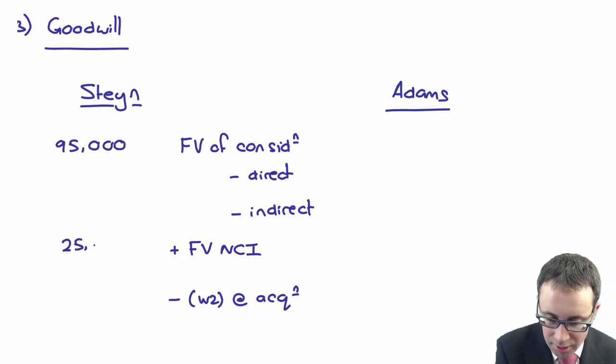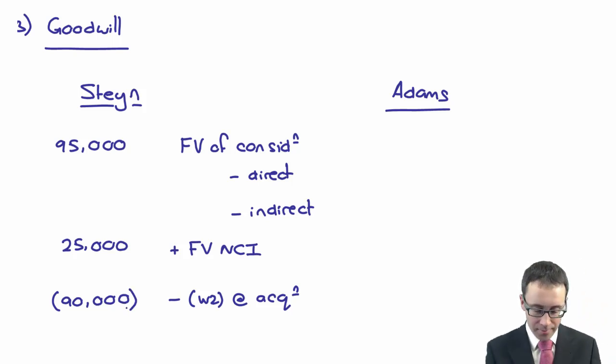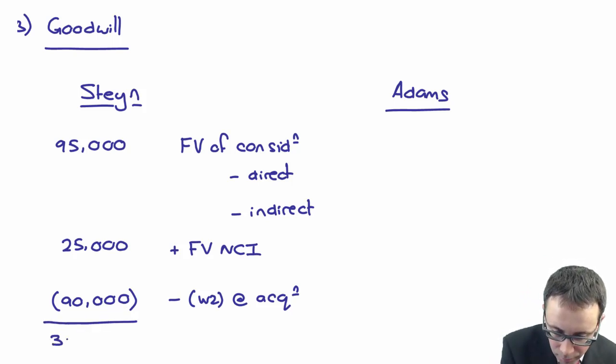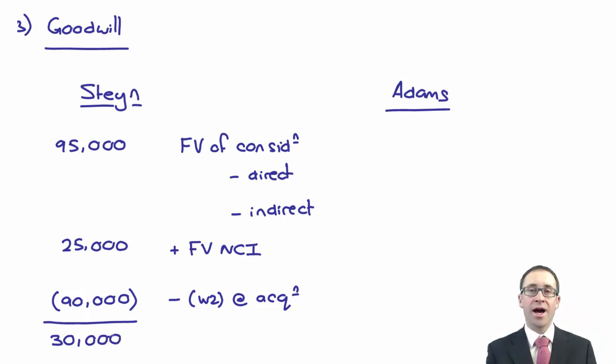The NCI is 25,000, and the net assets at acquisition are 90. So does that give me goodwill in the sub of 30,000? There we go. Nice and straightforward.